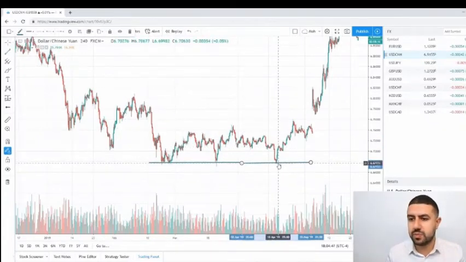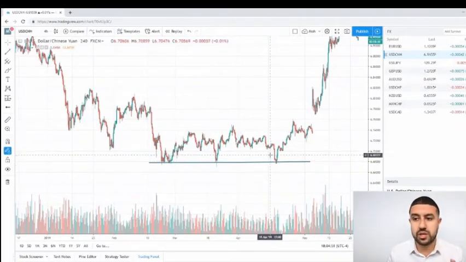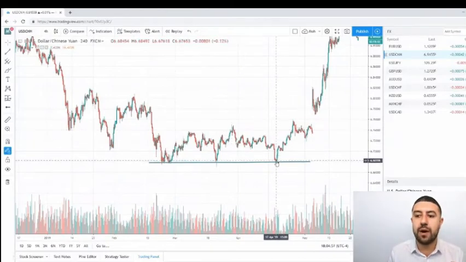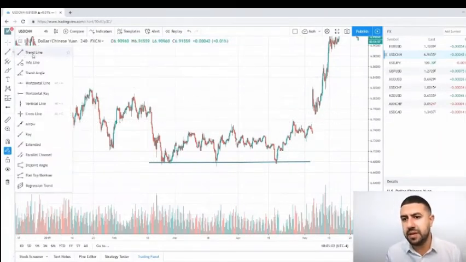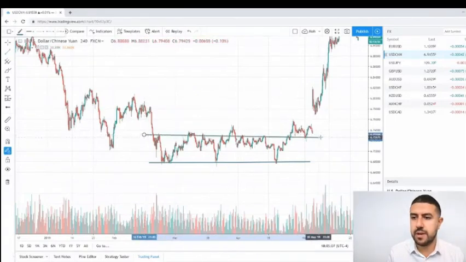If you extend this line, you'd see that it bounced off of it again. It bounced off of it again. So if you wanted to be long this position, you wouldn't buy it just here or here. You would wait to buy just above a certain support level. And you would have been able to buy here and make profit on this move. If I was trading this, I see that there's a bit of resistance here as well.